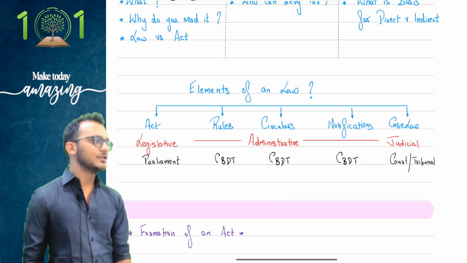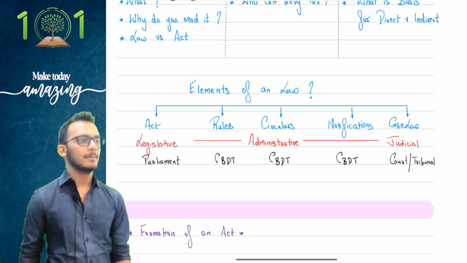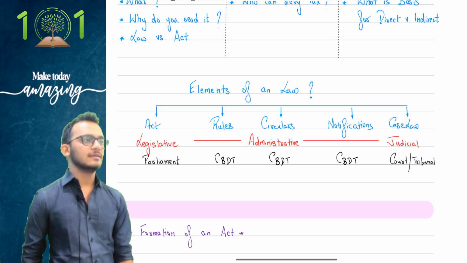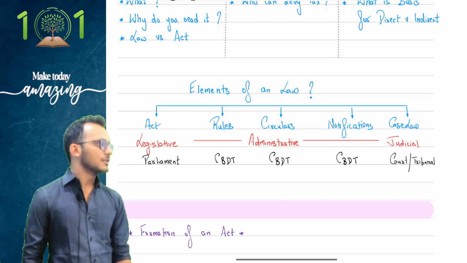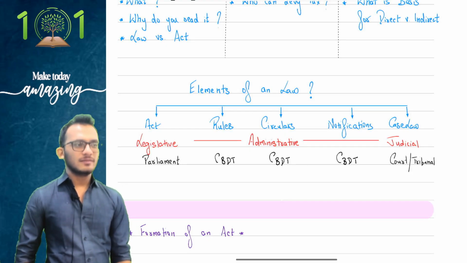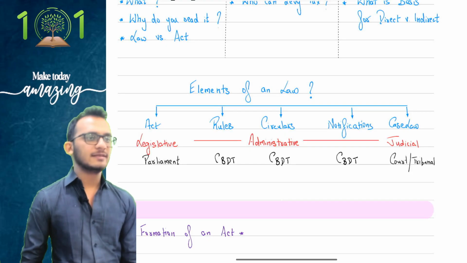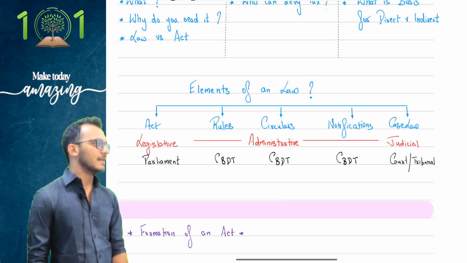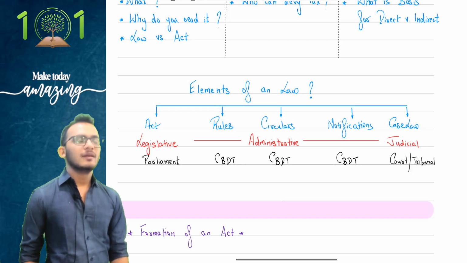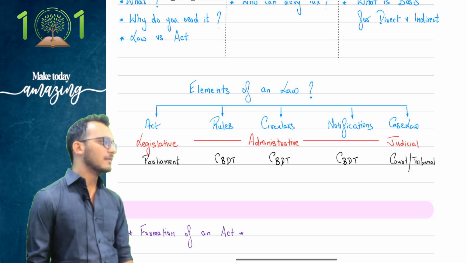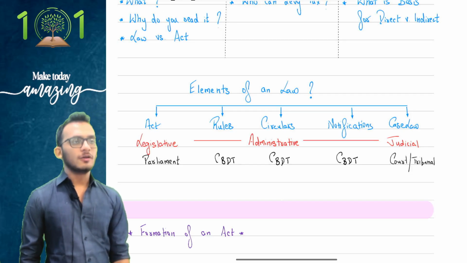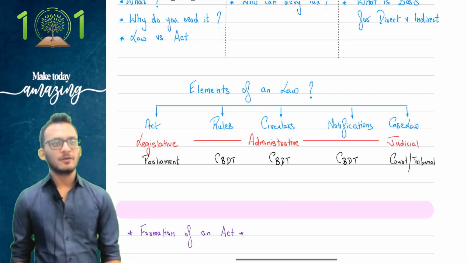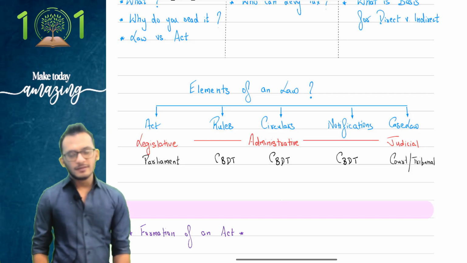We need sections, then section 1, section 2, not necessarily section 3, but yes, the charging section. Next, the penalty section, prosecution sections, giving an authority the power. Next, non-obstante clauses. All those things are going to be part of your section creation. Yes or no? Yes. So, formation of an act.